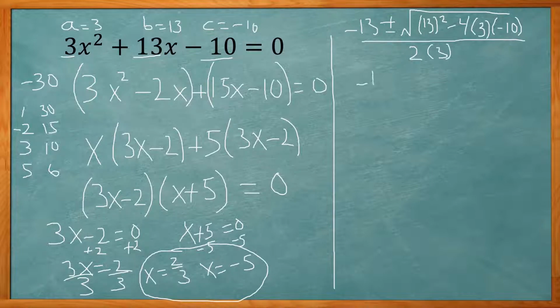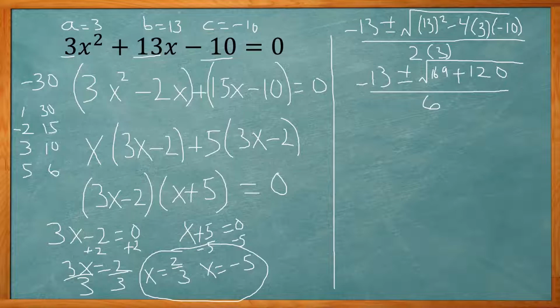And that gives us negative 13 plus or minus the square root; 13 squared is 169. And negative 4 times 3 times negative 10 comes out to be positive 120. And then 2 times 3 is 6.